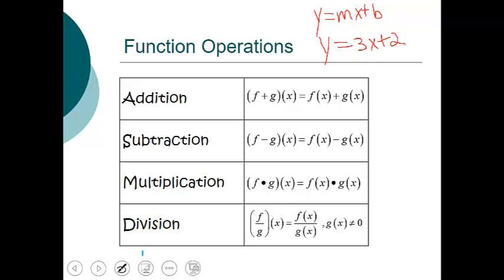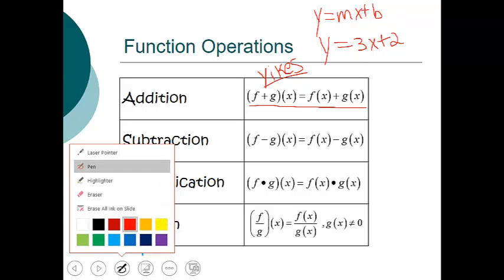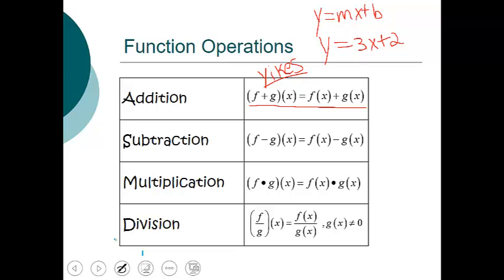Again, people look at this notation, and the first word that comes to mind, among other things, is yikes. The main reason is because it looks really complicated. But all I'm telling you is that the y of y equals mx plus b can actually be replaced by this notation, f of x equals 3x plus 2.